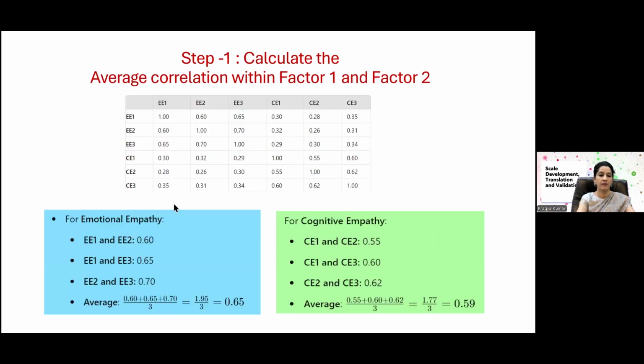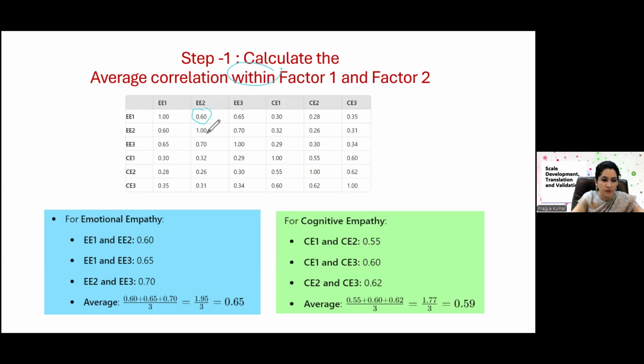And then you calculate within factor 1 and factor 2. So here you can see this is a within thing. So within factor 1, if you see the correlation between EE1 and EE2, it is 0.6.